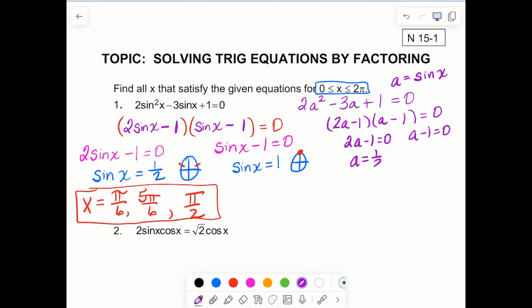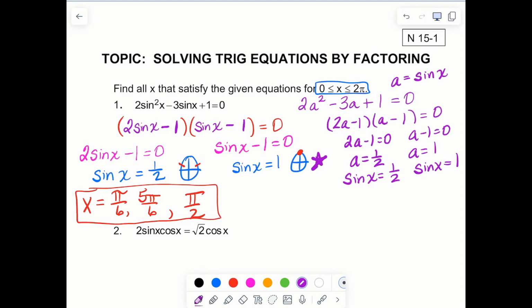So a is 1/2, and a is 1. In other words, sine of x has to be 1/2, or sine of x is equal to 1. And I'm right back where I was, and I could get my answers. So if you like that substitution step, by all means do it, if it helps you see it a little bit better. And again, your factoring steps could look a little different.